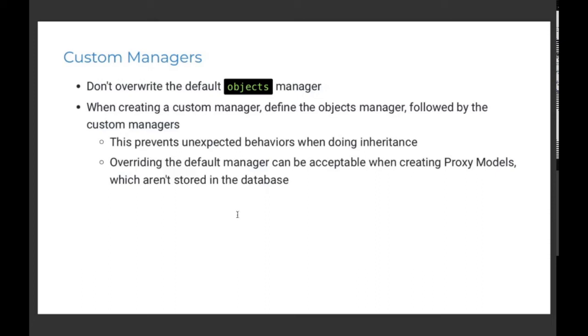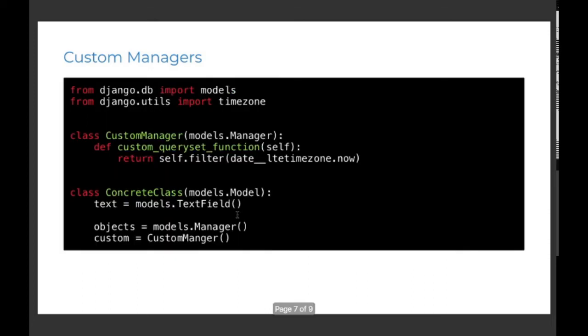It prevents unexpected behaviors when doing inheritance, because they inherit the objects manager from the parent. Though overriding the default manager can be acceptable if you're creating proxy models, because they aren't stored in the database anyways. So an example would look something like this.